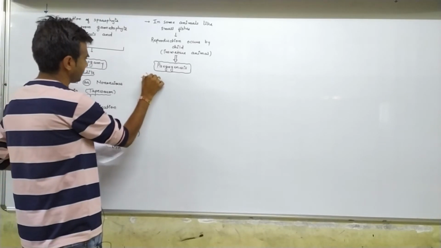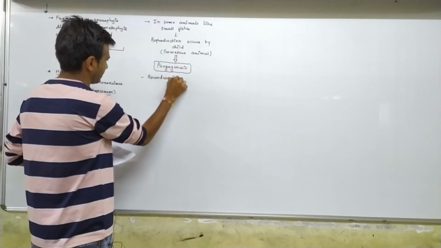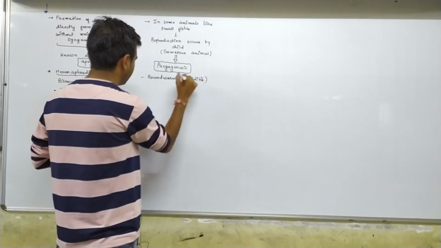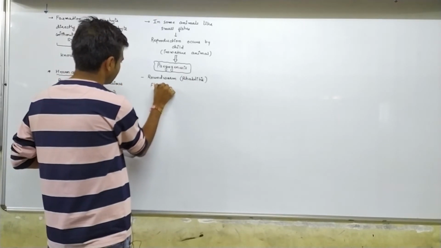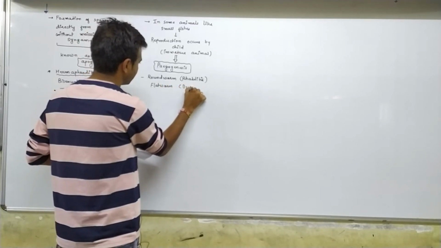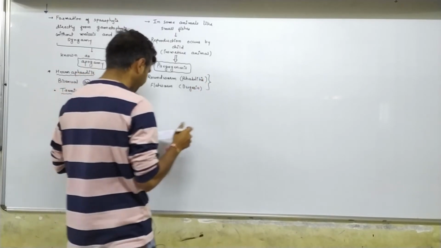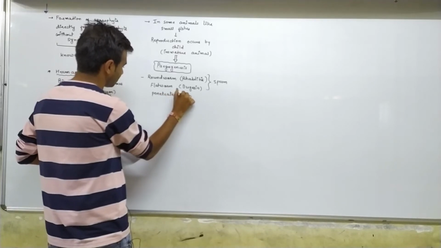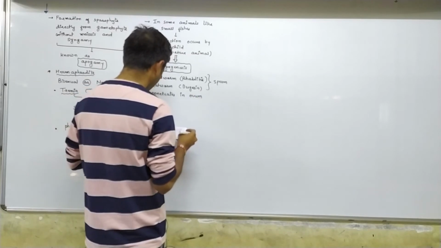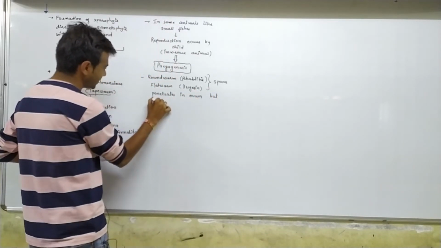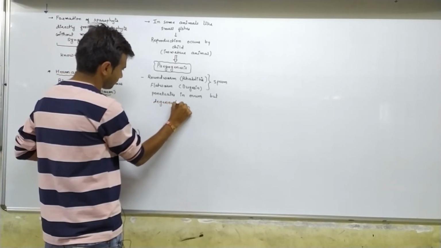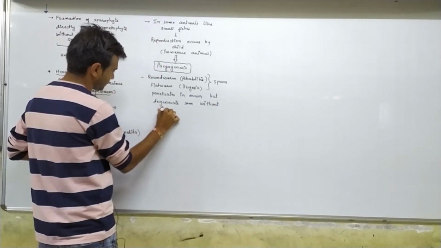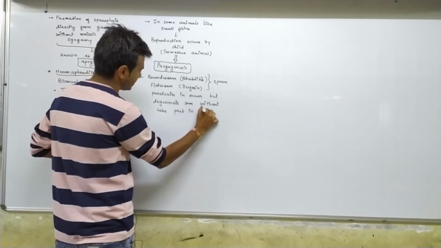In roundworms like Rhabditis and flatworms like Dugesia, the sperm penetrates the ovum but degenerates soon without taking part in zygote formation.